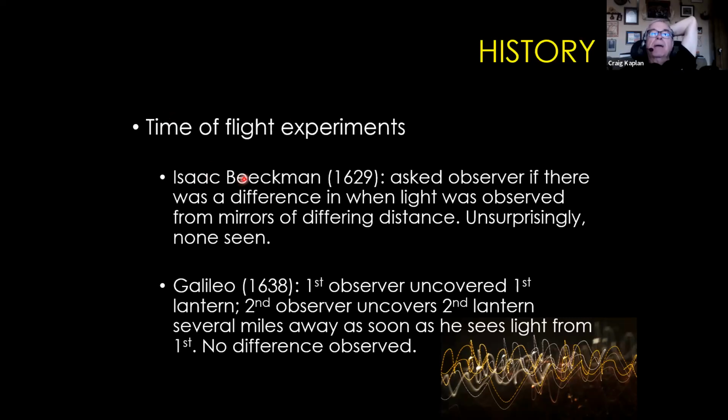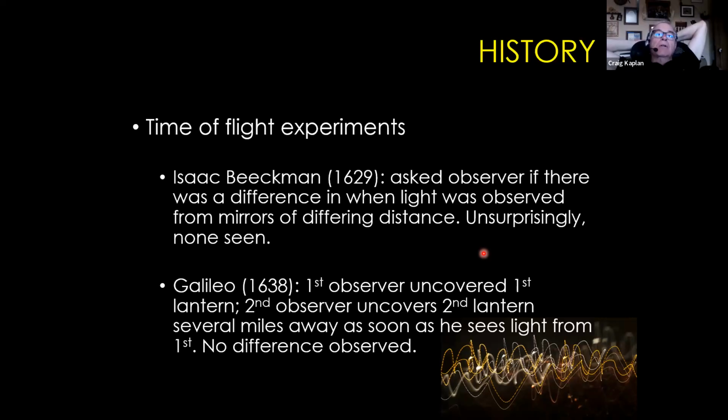So Isaac Beeckman in 1629 asked an observer if there was a difference when light was observed from mirrors of differing distance. So he would ask somebody to shine a light at mirrors that were a differing distance apart, and if light had a finite speed, then theoretically at least the distant mirror should show the light after the closer mirror.